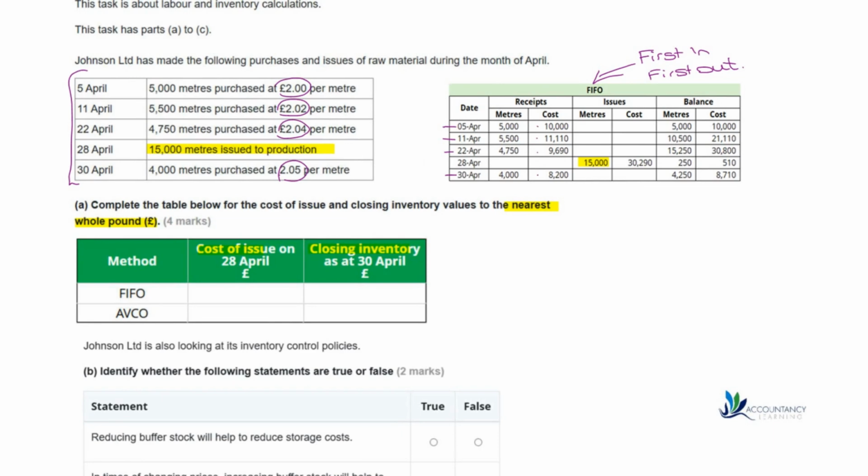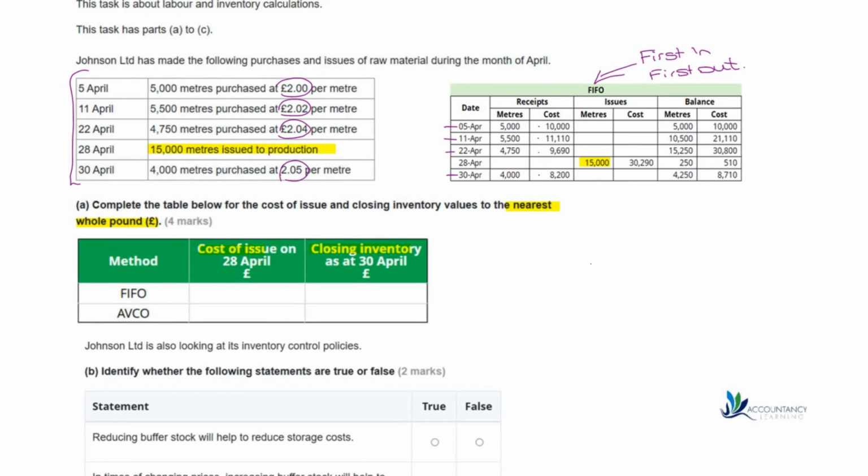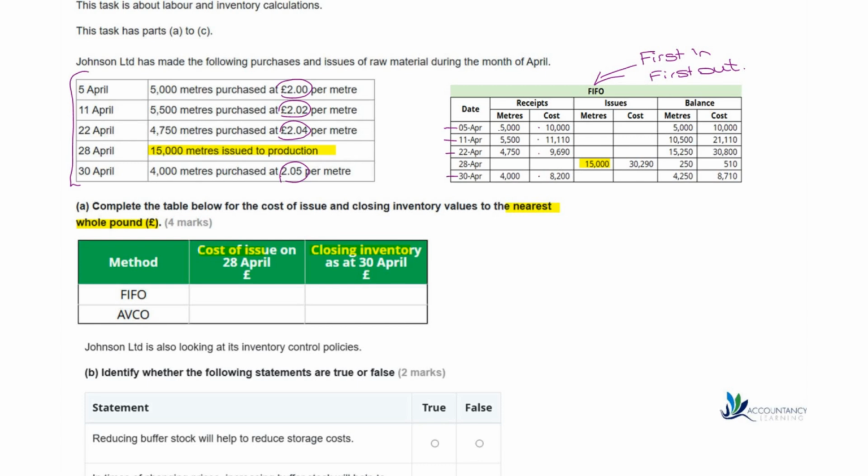So we need 15,000 metres in total. So we're going to take the full 5,000 metres from the 5th of April. We're going to take the full 5,500 metres from the 11th of April, which gives us a total of 10,500 metres, and we've still got to reach 15,000, so we still need another 4,500.